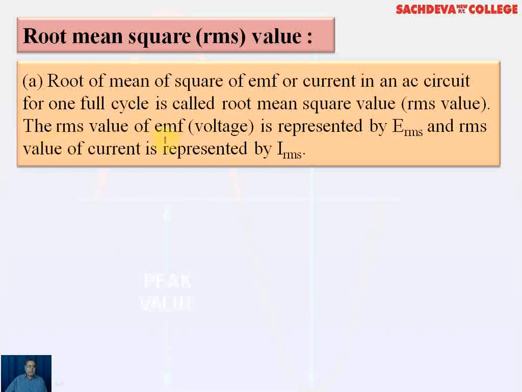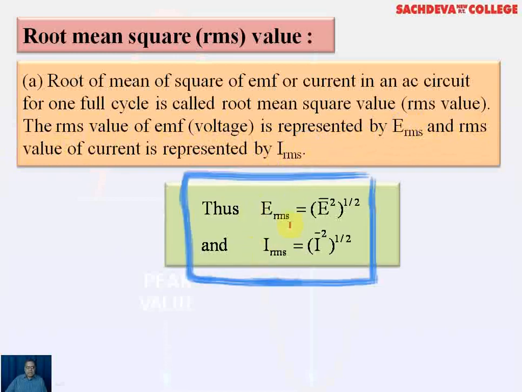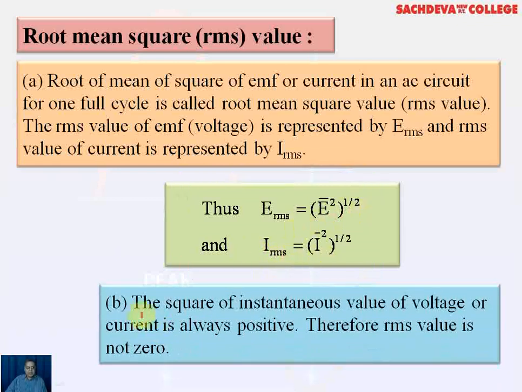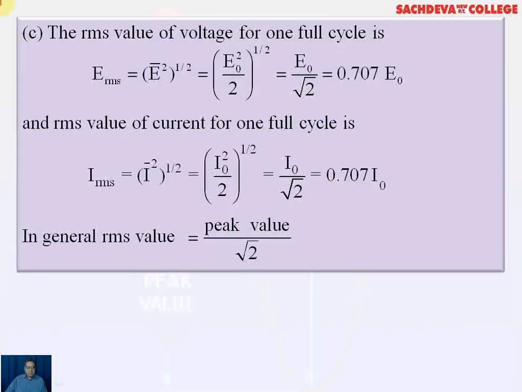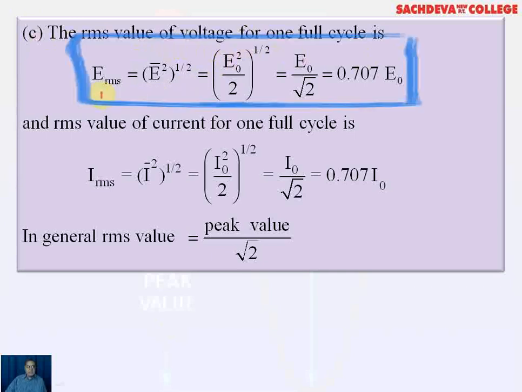The RMS value of EMF or voltage is represented by E RMS, and for current it is represented by I RMS. E RMS is calculated by E square bar to the power half, that is the square root, and the same explanation holds for I RMS. The square of the instantaneous value of the voltage or current is always positive. Therefore, the RMS value is not 0. The RMS value of voltage for one full cycle is E RMS, which is calculated to be E naught over root 2.